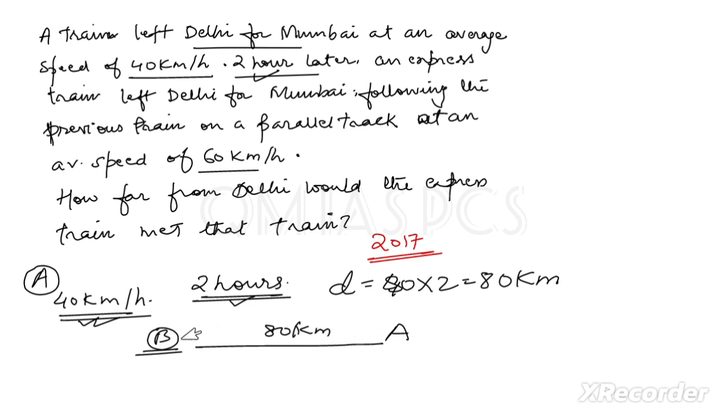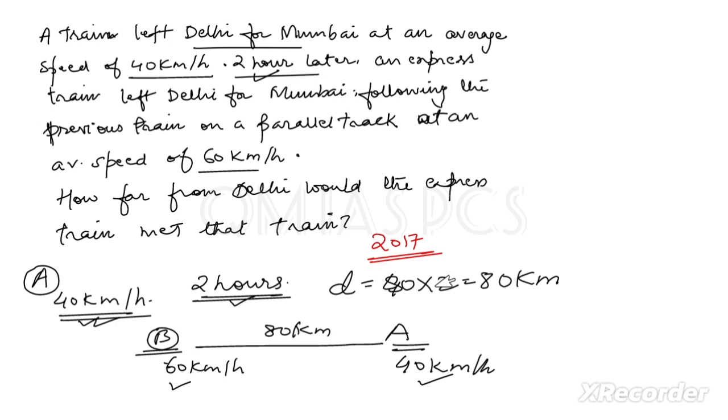Now think, the speed of B is 60 kilometer per hour, the speed of A is 40 kilometer per hour. Here are two types of situations, examples you can solve. This train's speed is 60 kilometer per hour, this train's speed is 40 kilometer per hour. Obviously this train will overtake this train.